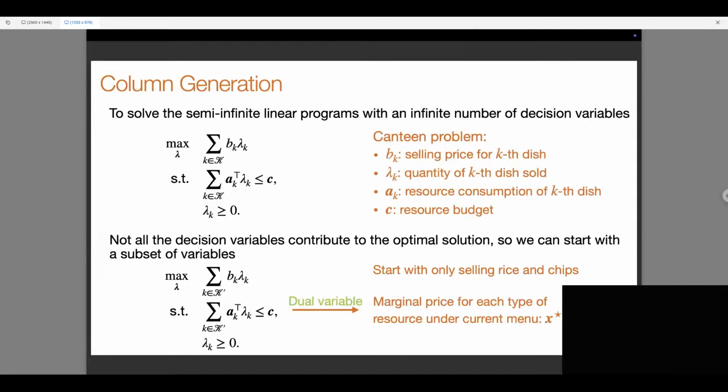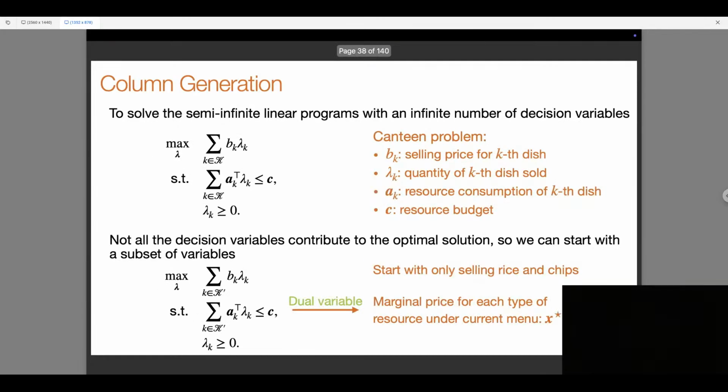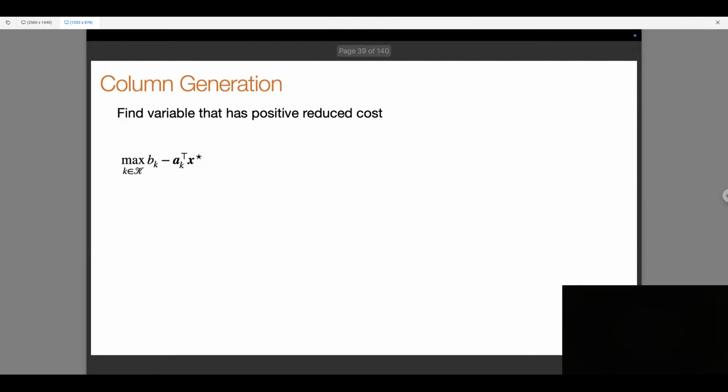And if we denote the dual variable as x and the optimal solution is x star, then we can try to find the variable that has positive reduced cost by this formulation. Here we can see the b_k is the selling price and the a_k is the resource consumption times the marginal price of the resource.